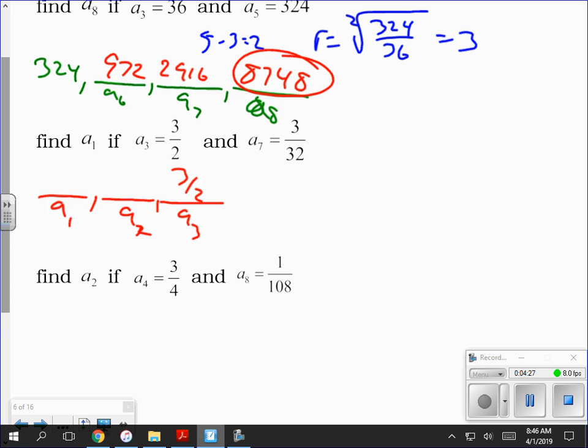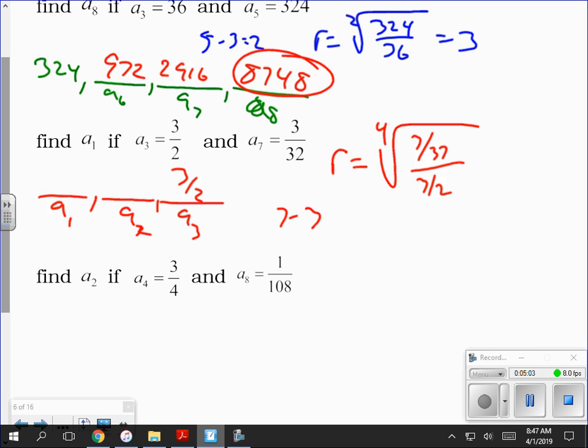Once again, to do this, I need to find R. So I'm going to take a root. And my root is going to be the last term, 3/32 divided by 3/2. And then what root am I going to take? 7 minus 3.